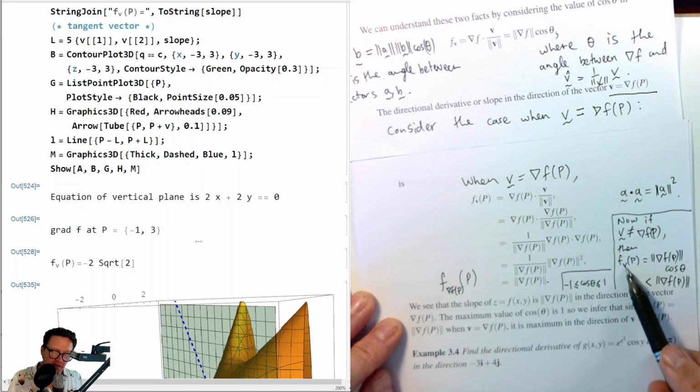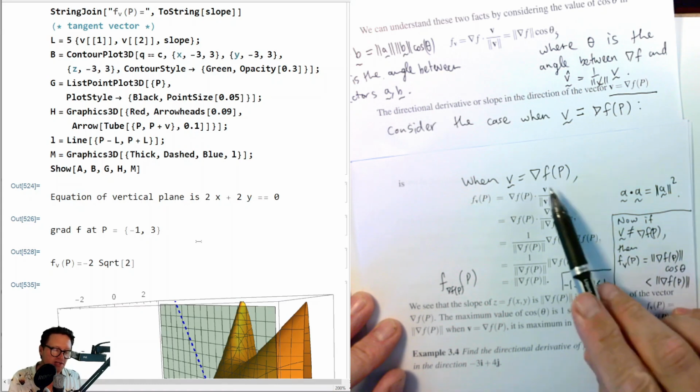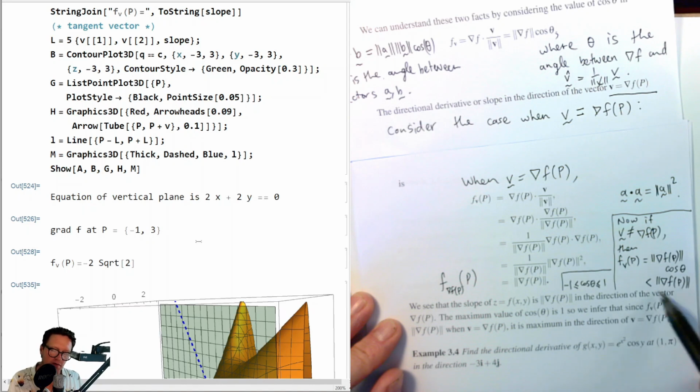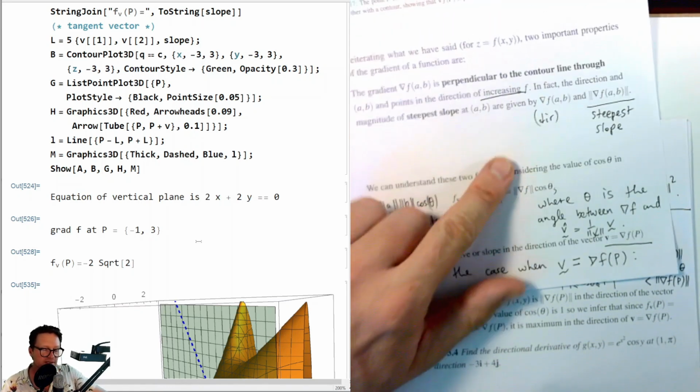In other words, if you deviate in direction from grad f at P, then you get a directional derivative that is less than the norm of grad f at P. So this tells you that in the direction grad f at P, you achieve the maximum, and that maximum is the norm of grad f at P. It confirms what we saw on the previous page.